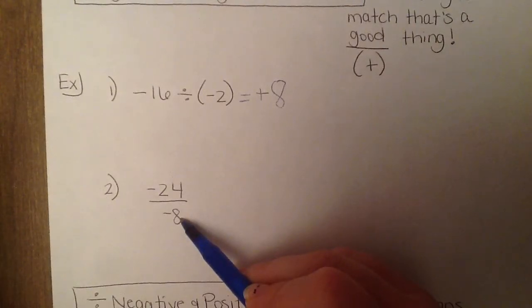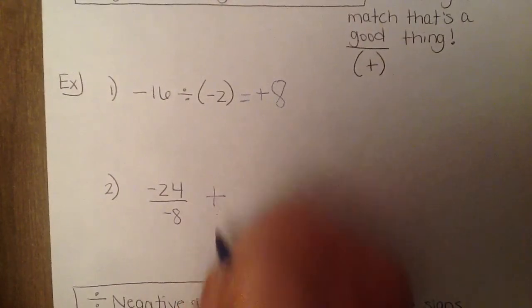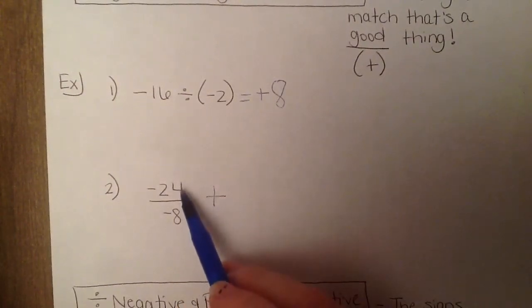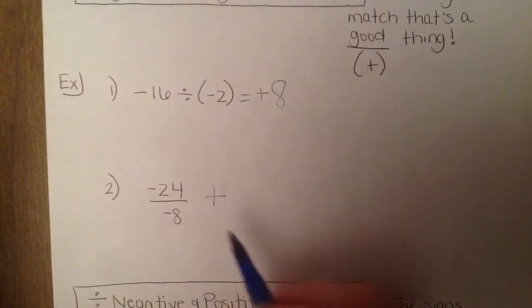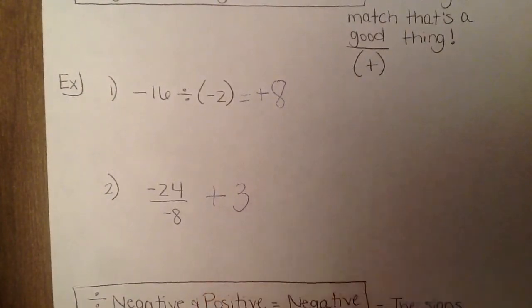That's a good thing. So our answer is positive. And now 24 divided by 8 is 3. So negative 24 divided by negative 8 is positive 3.